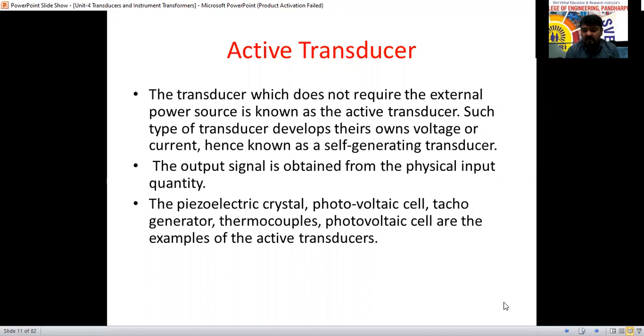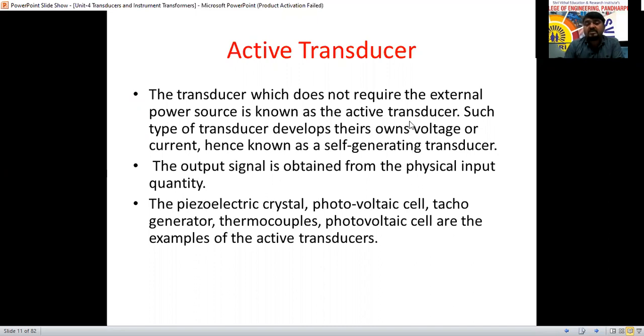But where there is no need for an external power supply, that type of transducer we are going to call active transducers. The transducers which do not require an external power source are known as active transducers. We need not give external electrical supply, but still it converts one form of energy into another form.